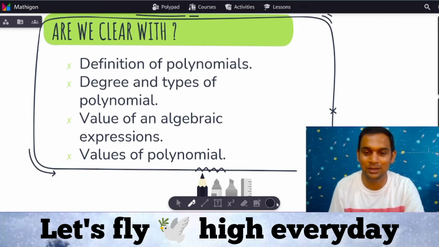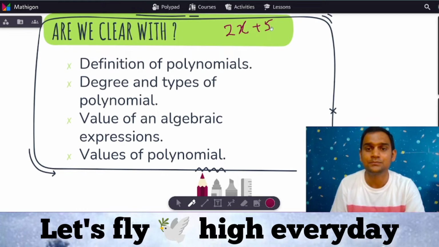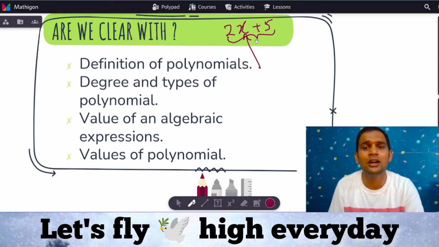You might have studied about this in class 8. If you have forgotten, let's quickly take an example. Suppose you have an algebraic expression 2x plus 5. The value of this expression is, suppose I give a number to x. X is a variable and we can give any number to that. Suppose I give x equals 5.